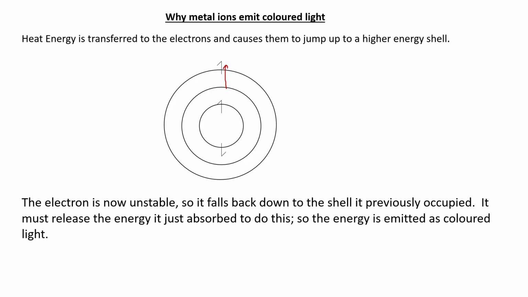When they jump up to an extra level, which is something you never even have to think about, they then release energy to drop back down again. If all these metals have different amounts of electrons, there are always going to be different electrons jumping up, and when they drop back down again, they release light.